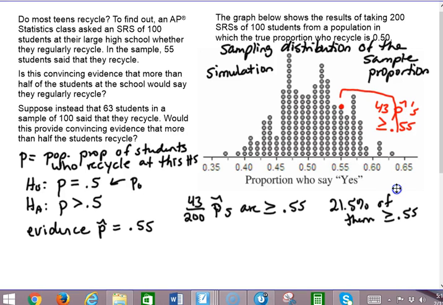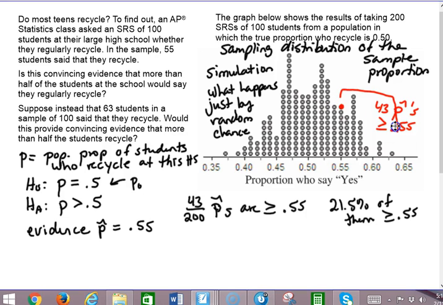So this would be our random chance explanation. This is what happens just by random chance. If we're looking at how likely this is to occur just by random chance, I'd say pretty likely. Getting a sample of 55% is not enough to convince me that my null hypothesis is wrong.